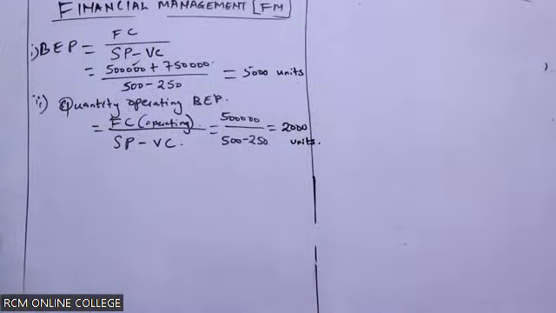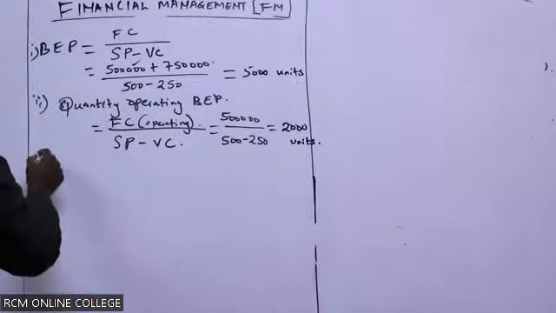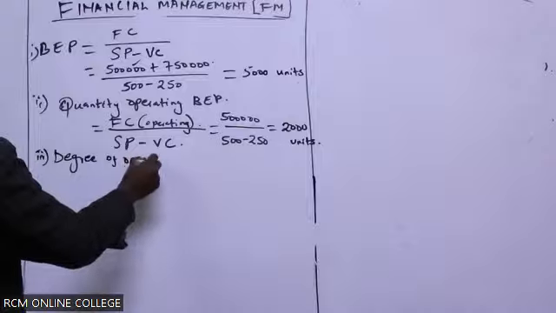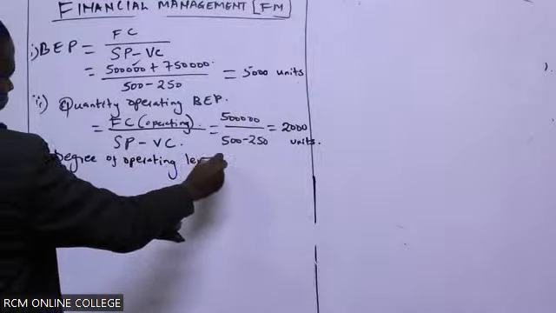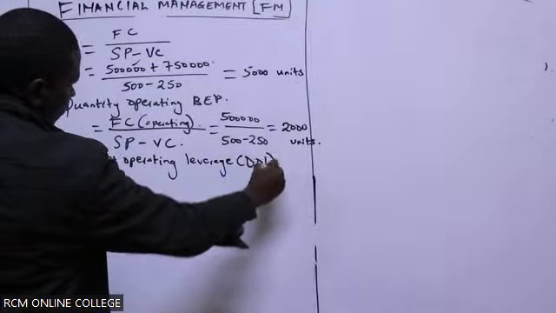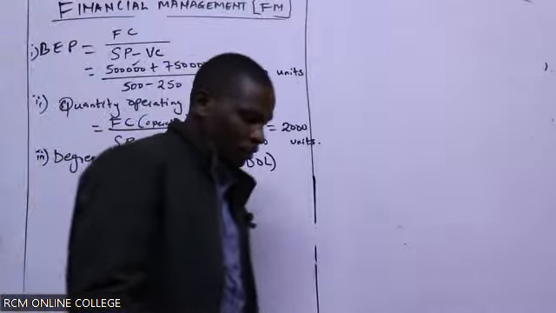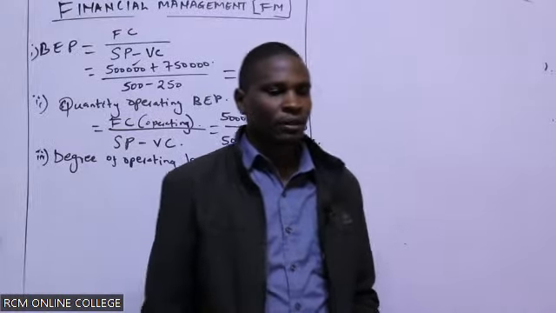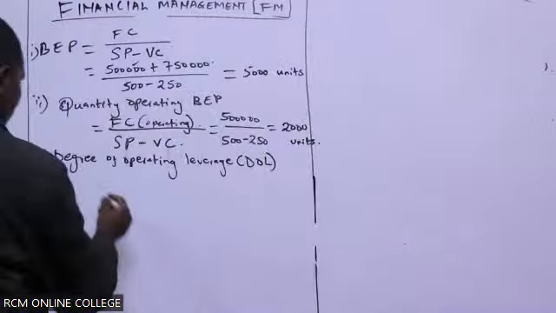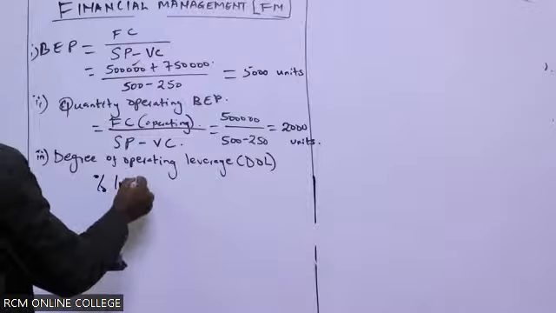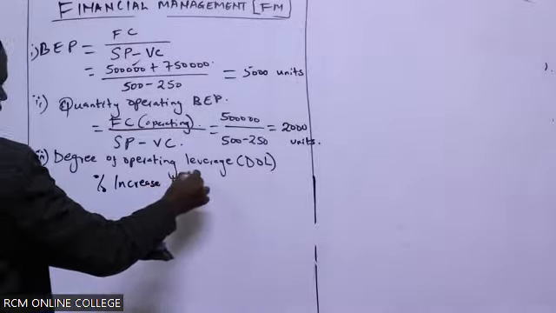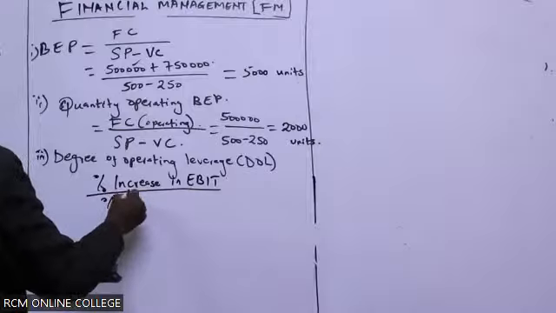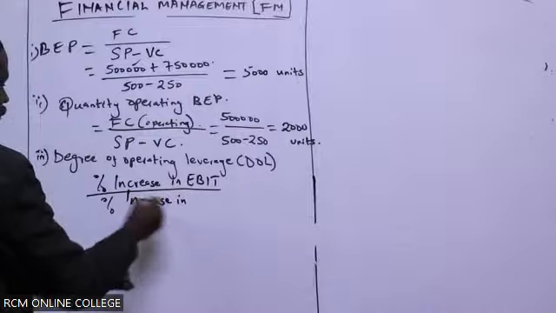Now we can go to the degree of operating leverage. Degree of operating leverage, as we said, can be given by the percentage change or percentage increase in EBIT divided by the percentage change or increase in sales.